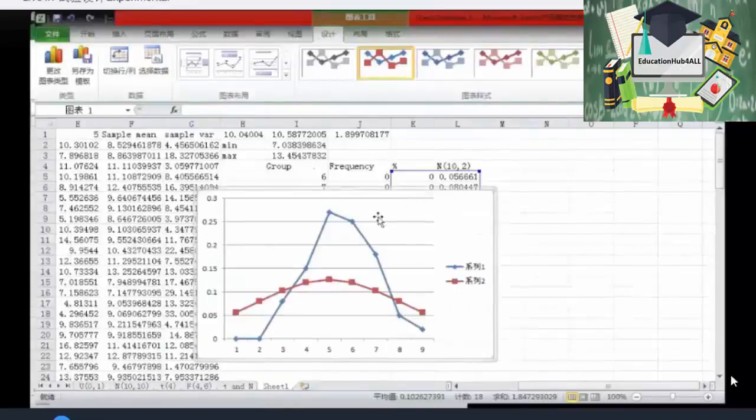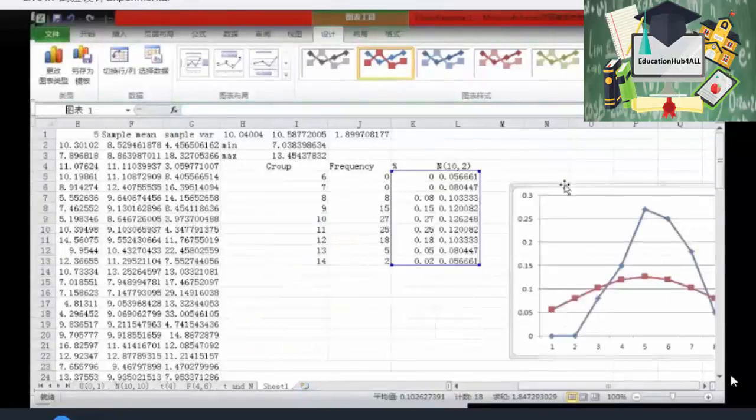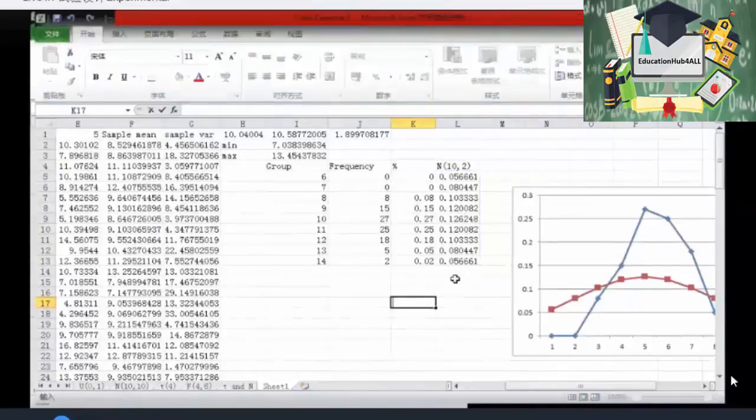What graph do you have? It fitted very well, or it's similar. If we increase 100 to 1,000, it should fit much better.